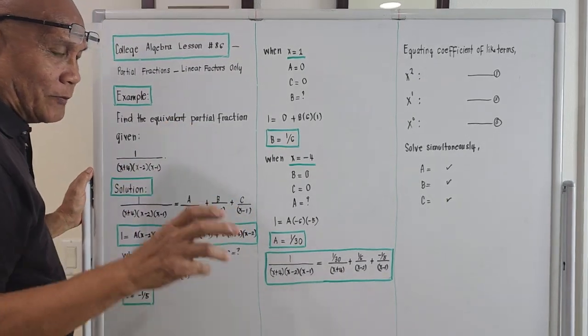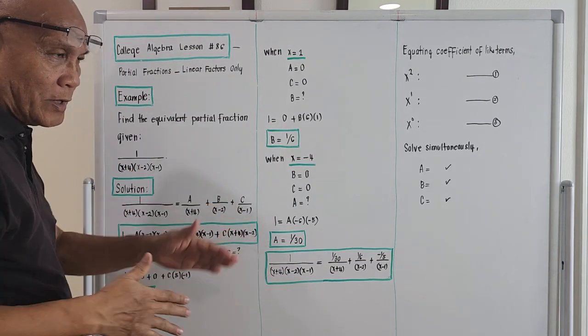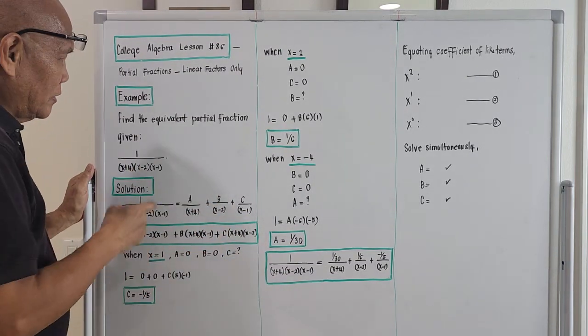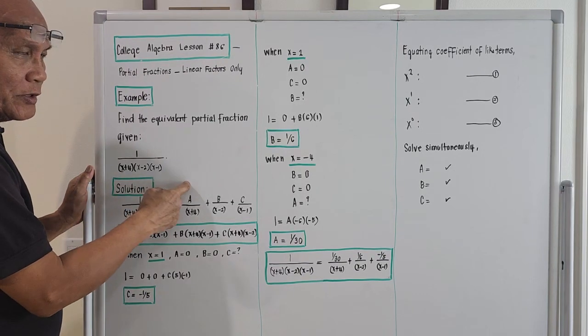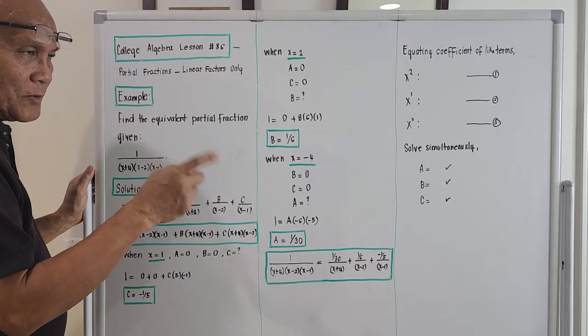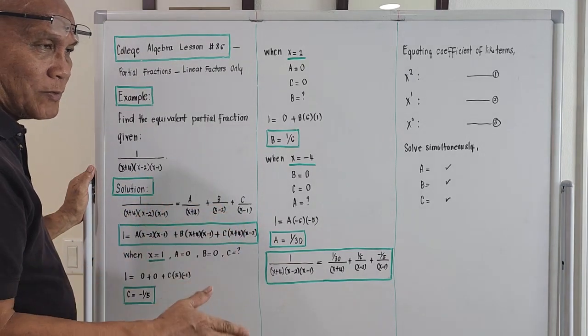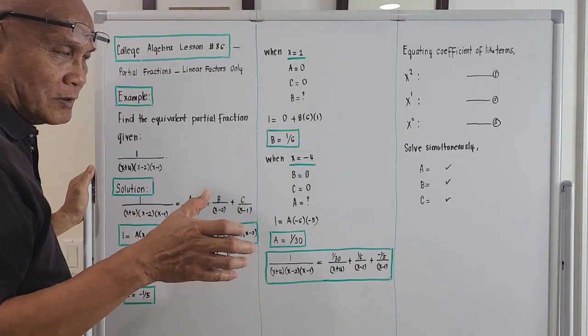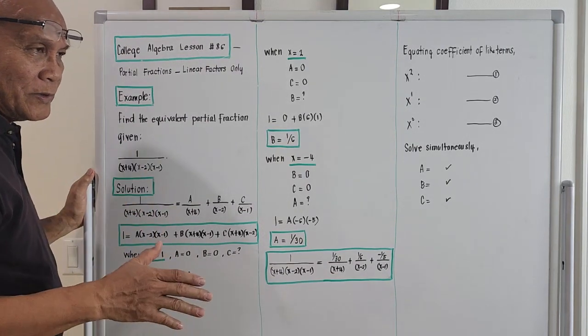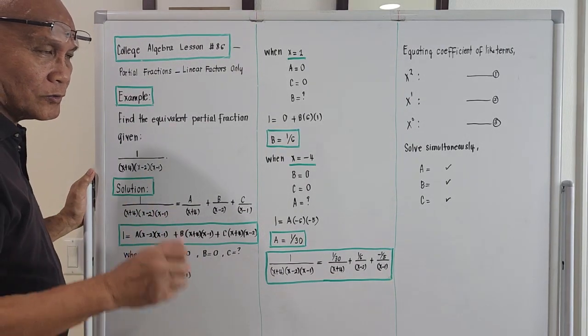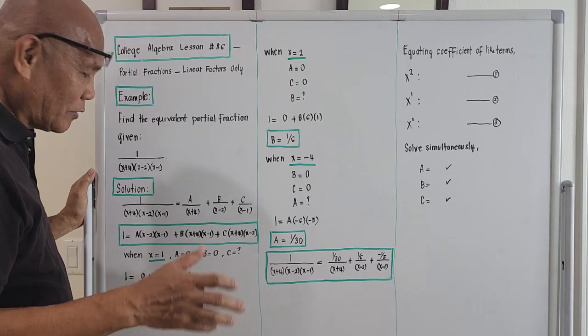For this morning, I will be giving you a more complicated one. It will now be three linear factors under the denominator. And the problem is asking what will be the equivalent partial fraction of it. And for this solution, it will be another method on how to compute for the coefficients. Okay, let's proceed.